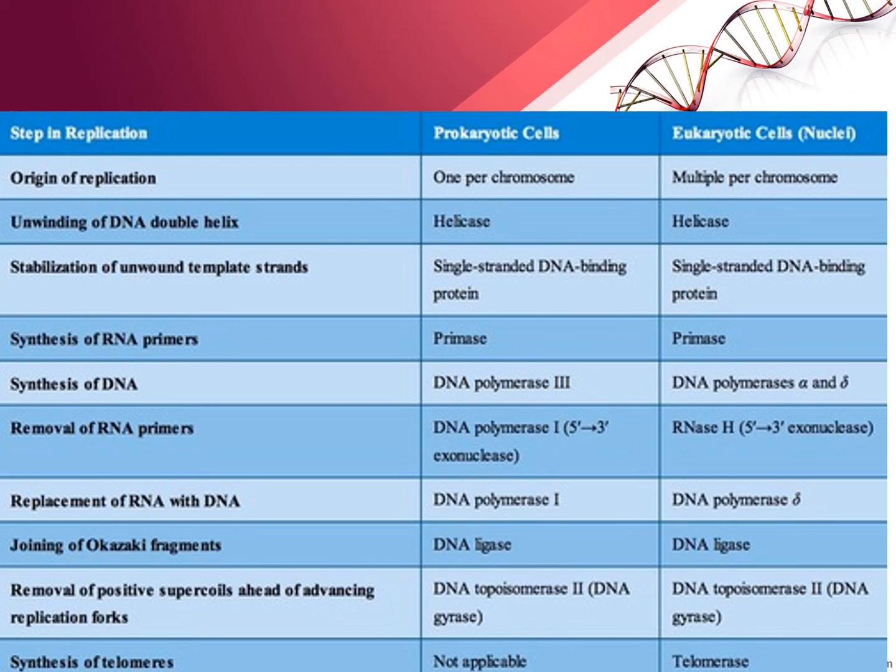In removal of RNA primers, prokaryotic cells have DNA polymerase 1 and eukaryotic cells have RNase H. In the replacement of RNA with DNA, prokaryotic cells have DNA polymerase 1 and eukaryotic cells have DNA polymerase delta. In the synthesis of telomeres, it is not applicable in prokaryotic cells, and in eukaryotic cells, it has telomerase.